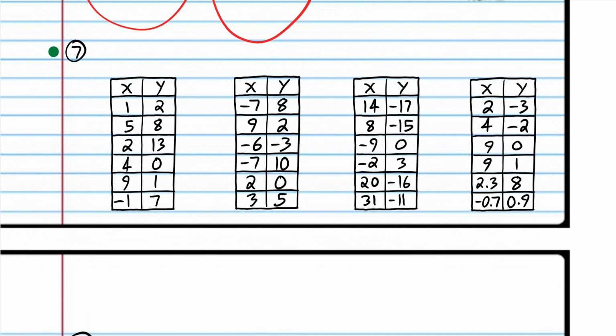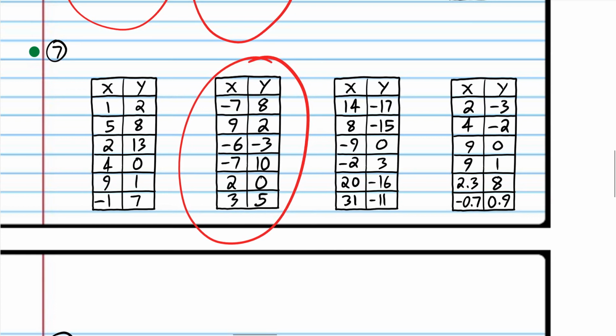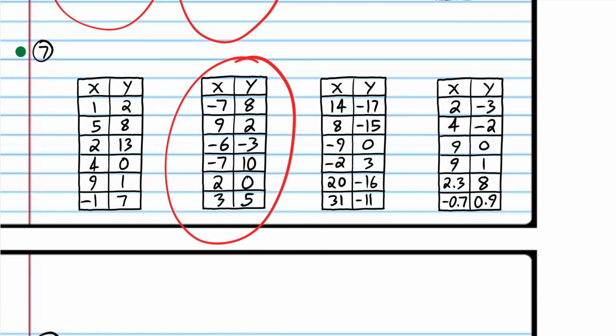There are no repeated numbers in the X column in this first table, but in the second table we have -7 repeated. And there are no repeated numbers in the X column here that I can see, so that qualifies, but we have 9 repeated here.